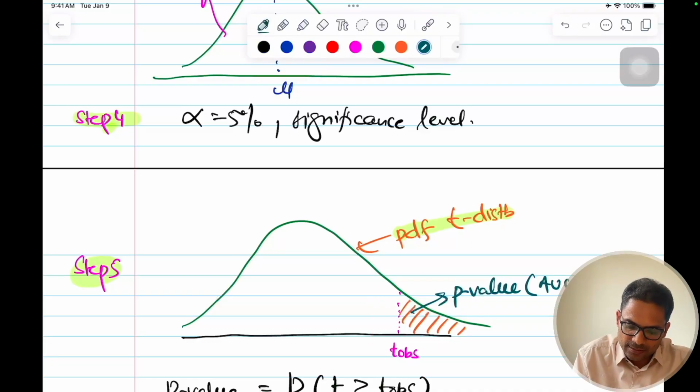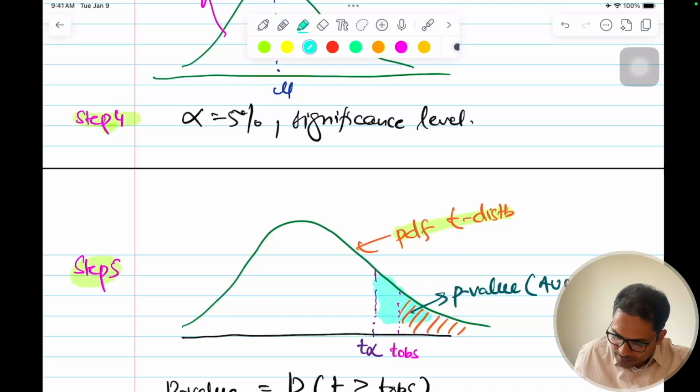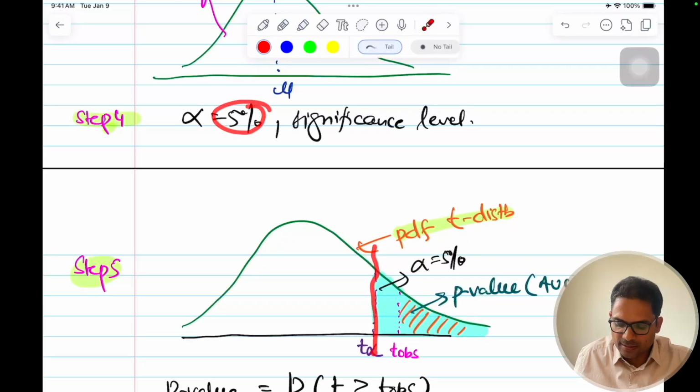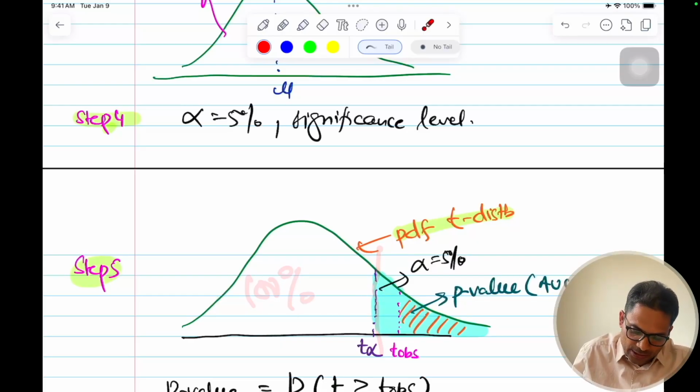Say this is that point, that is alpha, and this is t alpha, and this area is equal to 5%. The significance level says that 5% of the area under the curve should be beyond this. The total is 100%. So this is your t alpha.